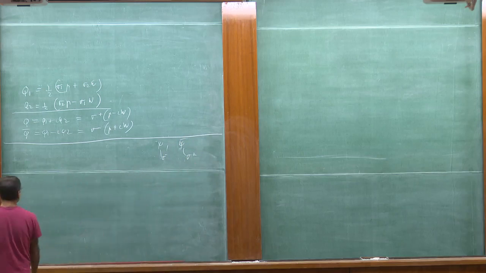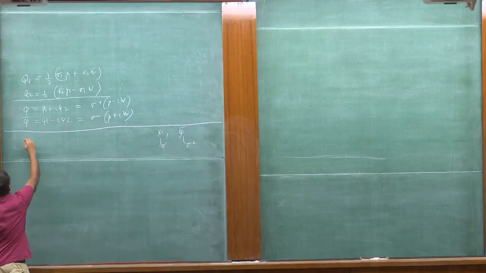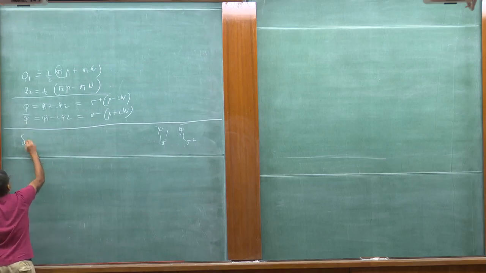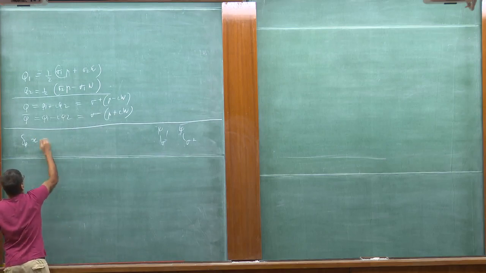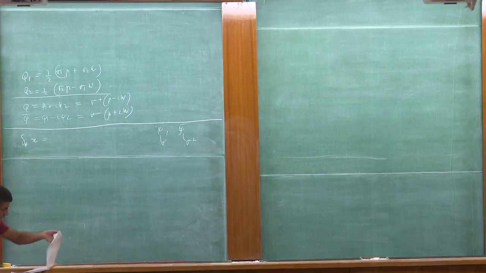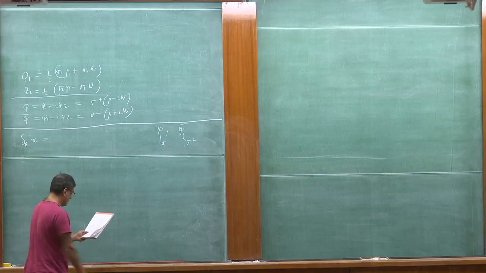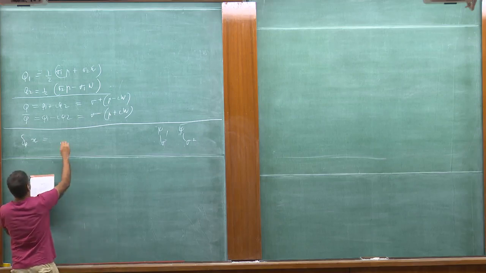And we had worked out the supersymmetry transformation rules for each of these. So we'd worked out delta Q on, let's say, x, and I'm writing it down from memory, and if I'm getting this wrong, please help me out.